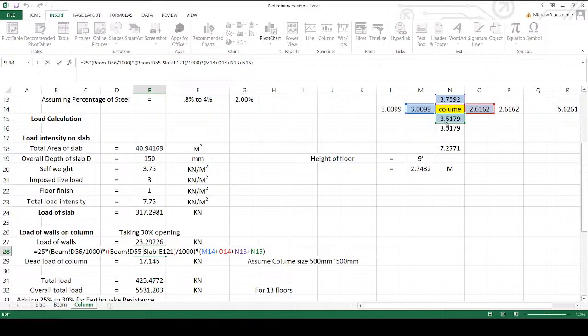On the four sides, only half of it in the column should be added.